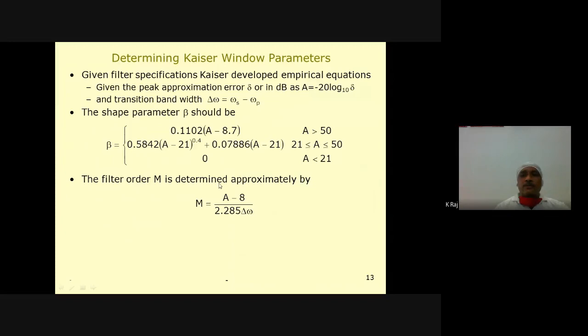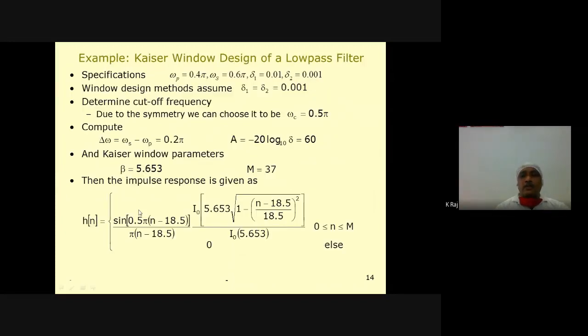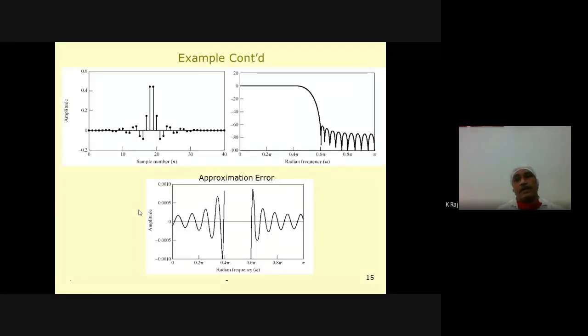So after getting these values, we can determine h[n], and now we can draw h[n] and H(z) graphically in the time domain and the frequency domain. This is the frequency response of the filter. Now we can analyze this frequency response, whether it is as per our requirement or some modification is required.